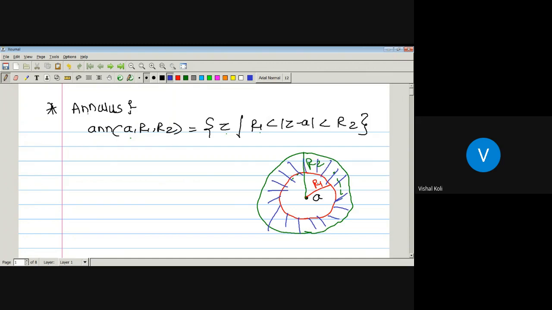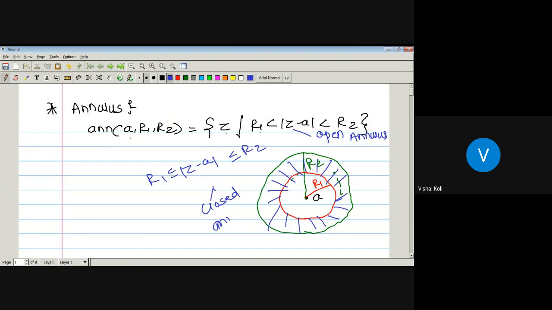Now there are two types of annulus, open annulus and closed annulus. Whenever R1 is strictly less than modulus of Z minus A, which is strictly less than R2, it is called an open annulus. And if R1 is less than or equal to modulus of Z minus A, which is less than or equal to R2, then it is called a closed annulus.